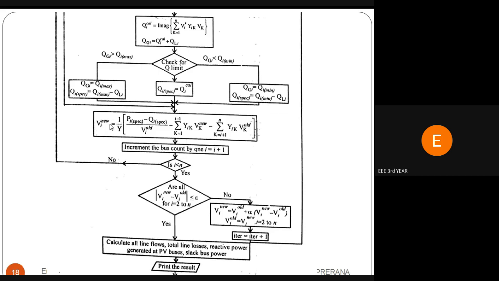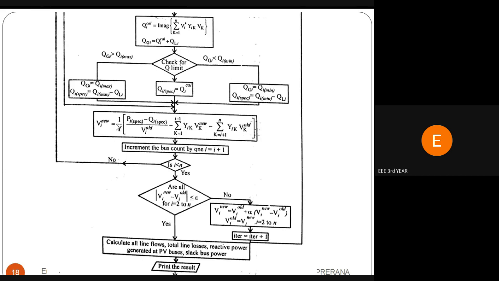For the new voltage, we know the formula: Vi new is equal to 1 by Yii times, Pi specified minus j Qi specified divided by Vi old conjugate, minus summation k equal to 1 to i minus 1 of Yik Vk new, minus summation k equal to i plus 1 to n of Yik Vk old.